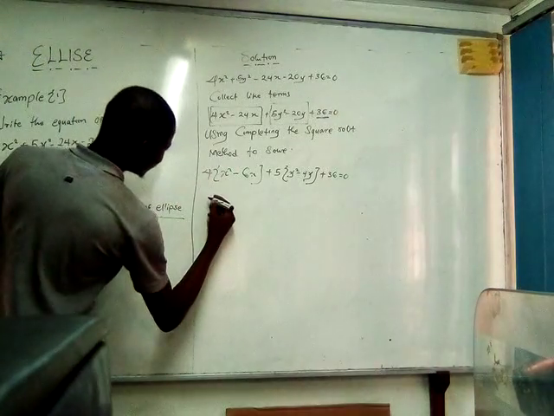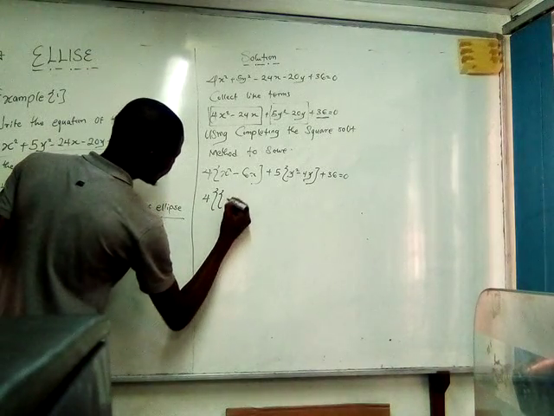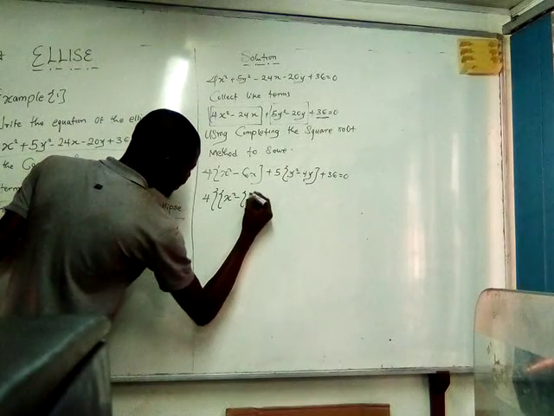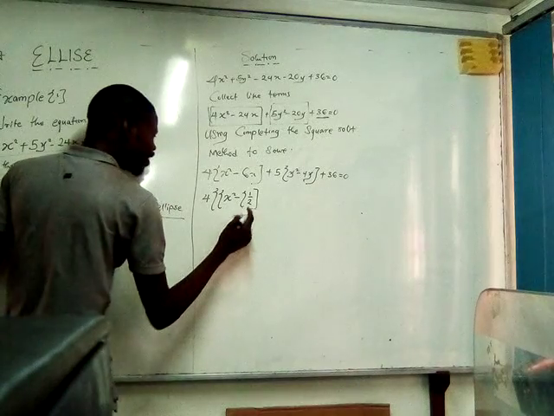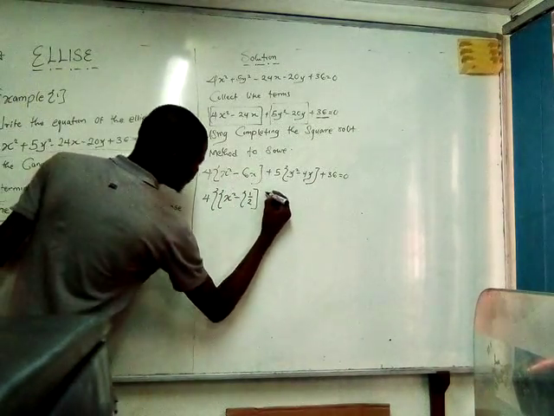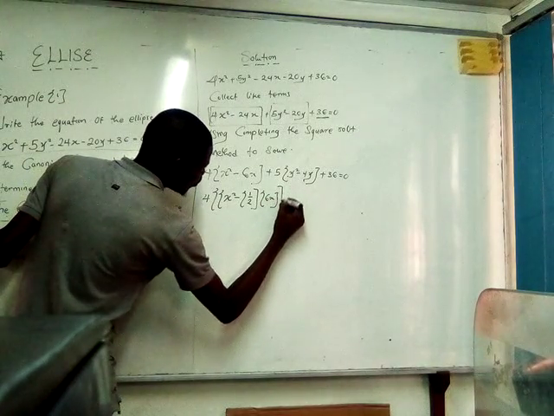Then we say 4 open bracket x squared minus open bracket 1 over 2 close bracket. You are using half to divide 6x, close bracket.